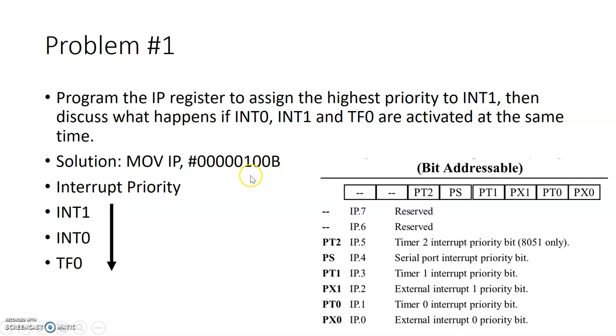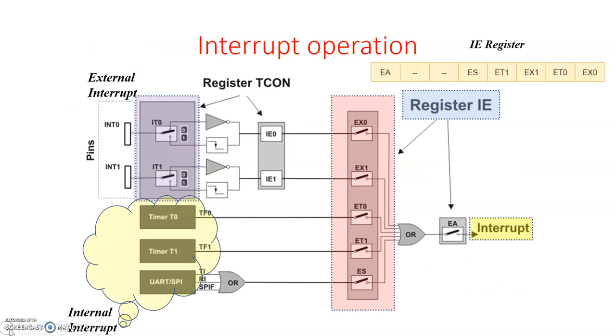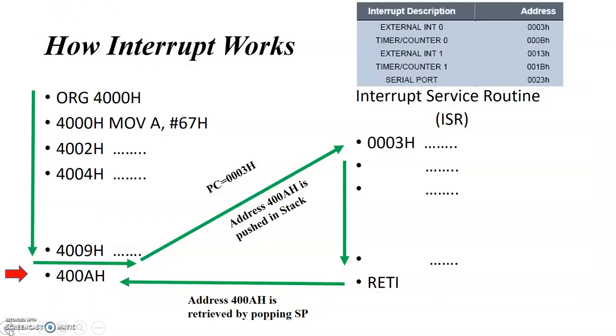After this will be the interrupt priority. INT1 will get the highest priority, while INT0 and TF0 will come after that. Why are INT0 and TF0 in this order? I told you that by default the interrupts have a priority.